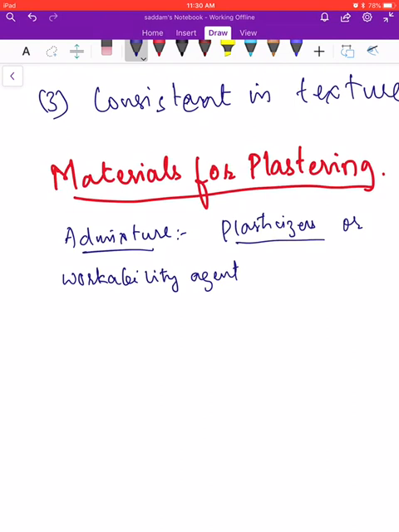Or any other workability agent can be used, but it should be avoided as much as possible. But if there is no alternative at all and it is necessary for us to use a plasticizer or any workability agent, then in that situation we can go for the plasticizer.